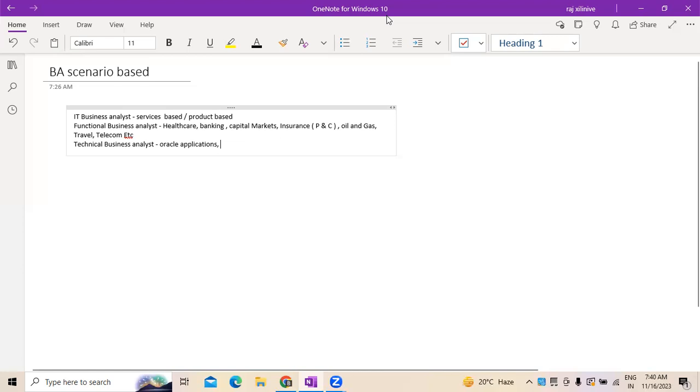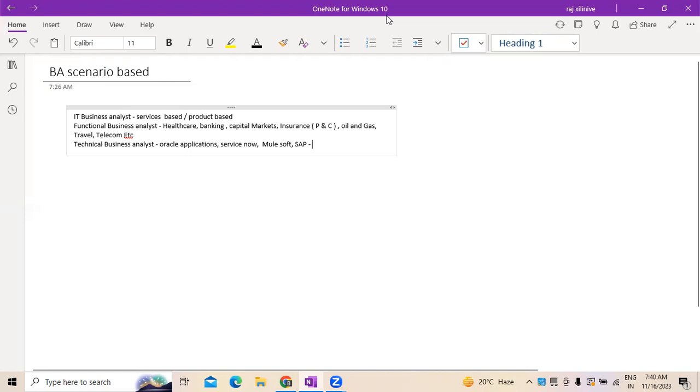Of course, there are a lot of technologies, hence I cannot mention everything. To the extent possible, I'll give as much information as I can. Oracle applications, or else, for example, people require a business analyst who has knowledge over ServiceNow application, or it can be MuleSoft, or it can be SAP, because SAP is an ERP application.